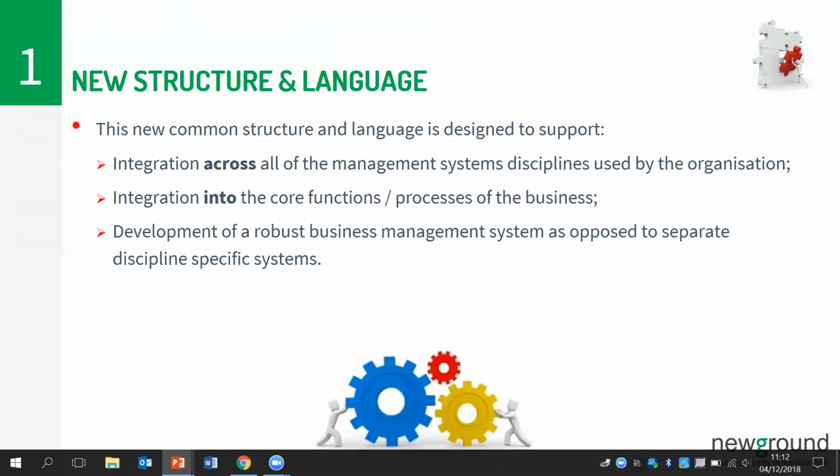So this new common structure and language is largely designed to support integration across or between all of the management systems disciplines that are used by your business. It's also designed to integrate your safety management system into the core functions and processes of the business, and for you to develop what could be termed more of a business management system as opposed to you running separate discipline-specific systems.